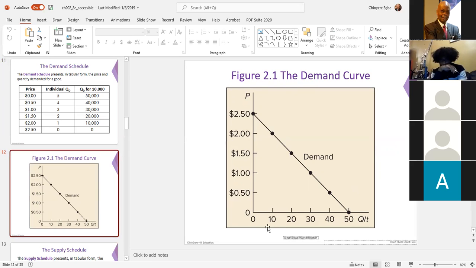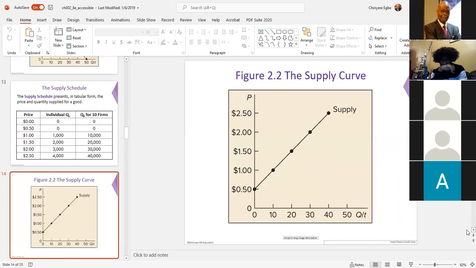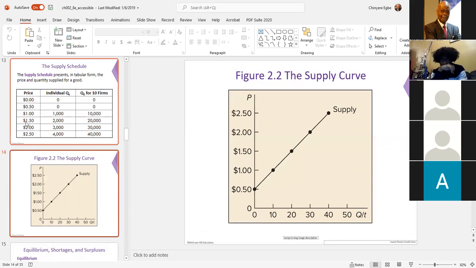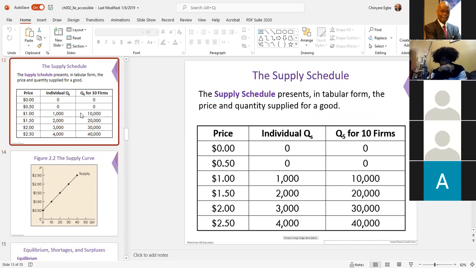Now, we can go further in looking at the concept of demand. But then there is also the supply side, the sellers. What is it that drives selling? What drives selling is profit. If the price is 0, you're not going to make a profit, and so nothing is supplied.